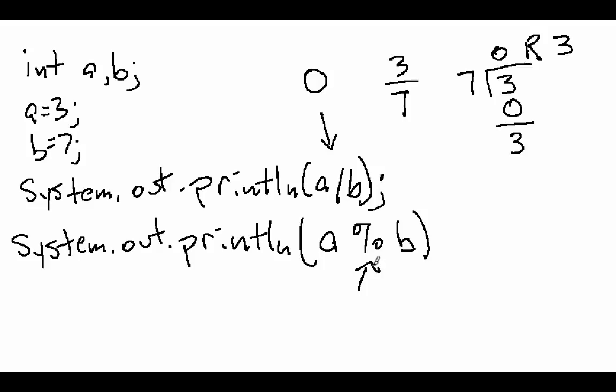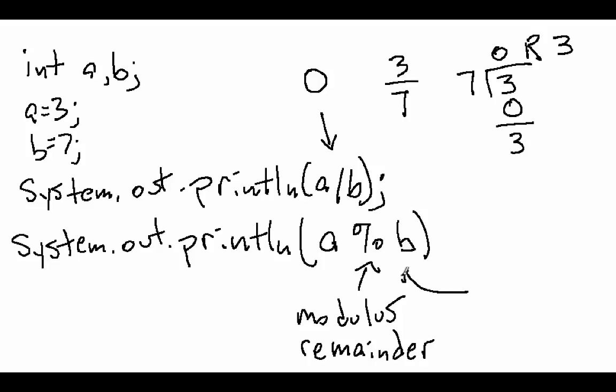This over here is the modulus operator, and think of modulus as meaning remainder. Again, for the modulus operator to make sense, the operands on both sides must be integers. In this case, we're getting the remainder, so the output of this over here is going to be 3.